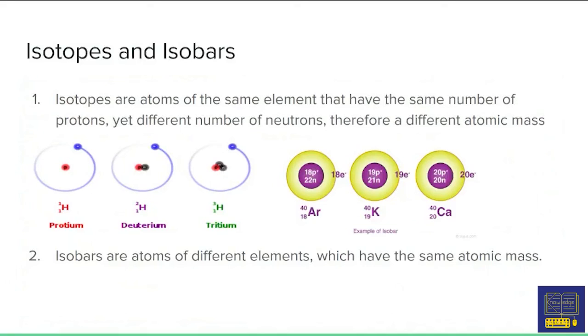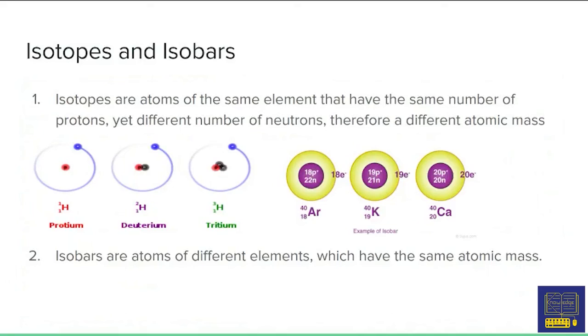Now, finding out the proton number or the neutron number is all there when we go ahead and interpret the periodic table. But for now, this is an important definition, and you can see from the example there. Another definition that is pretty relevant is isobars, which are atoms of different elements, so there's a distinction, which have the same atomic mass.